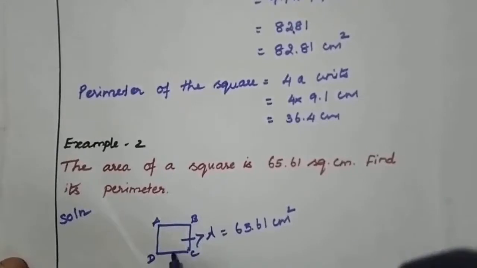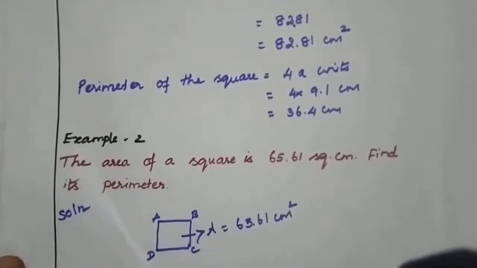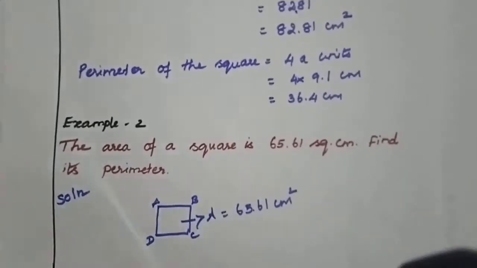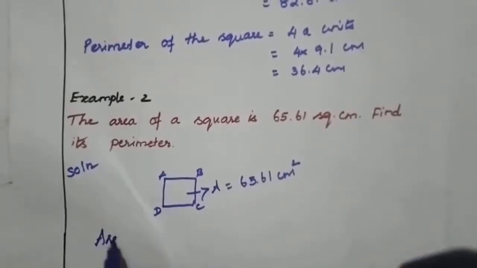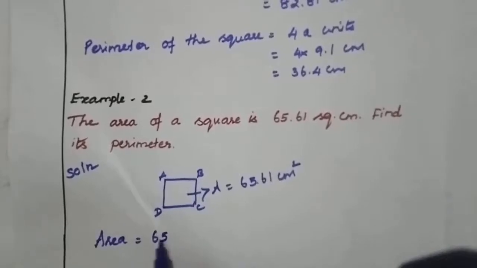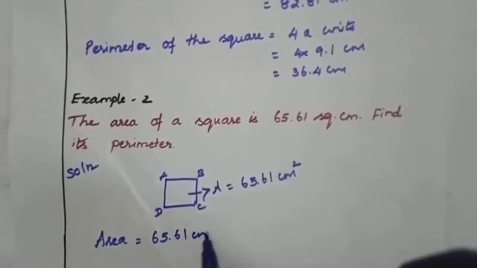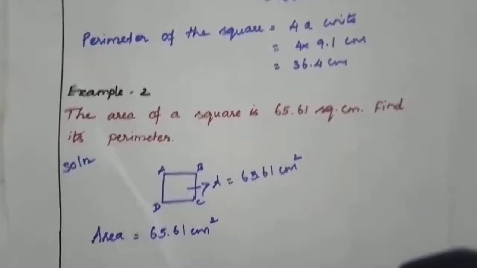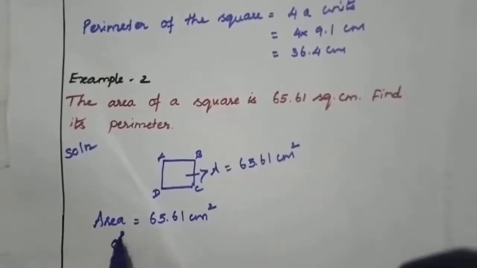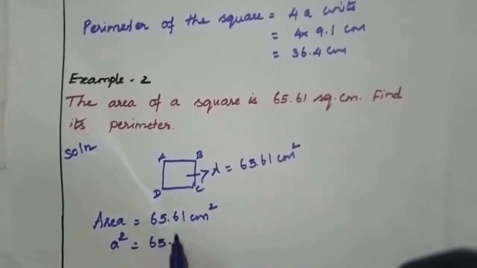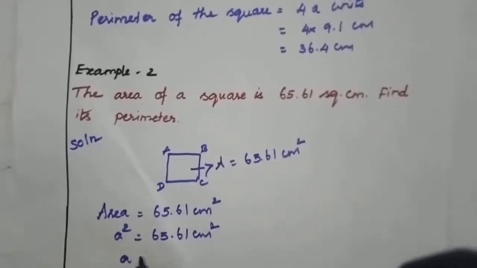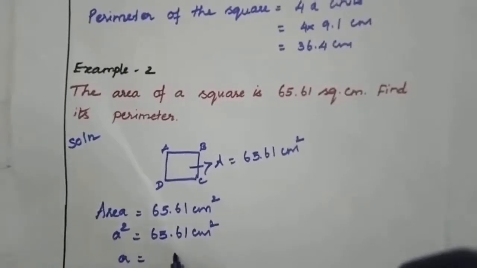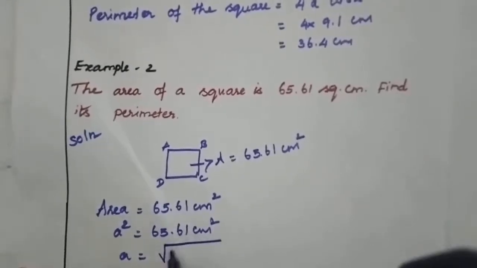And they ask you to find the perimeter of the square. Area is given as 65.61 centimeter square. So area is nothing but A square is equal to 65.61 centimeter square. From this we have to find A. So here the square comes to this side and becomes a root, root 65.61.